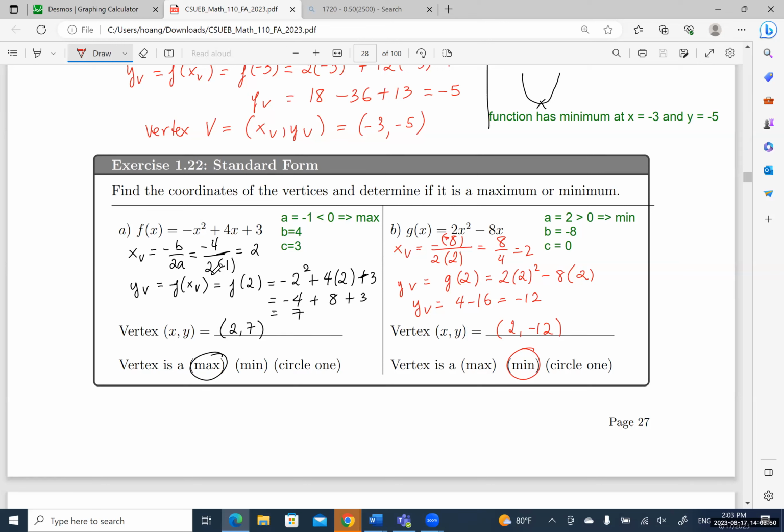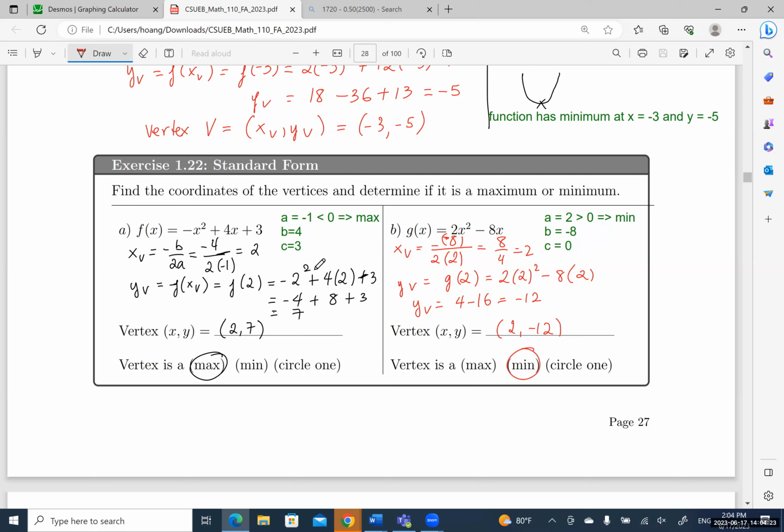So 2 was correct. And then yv is found by substituting the value of xv that I just found into the function f(x). It was negative x squared, and now I change x to be 2, right? And so it's squared, and plus 4 times 2 plus 3. I think most of you must watch out at this point here, because someone is going to say, oh, so that means -2 all this squared.